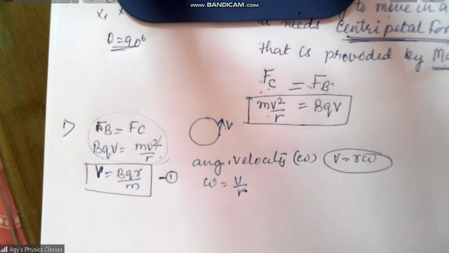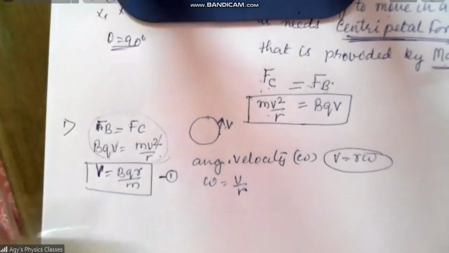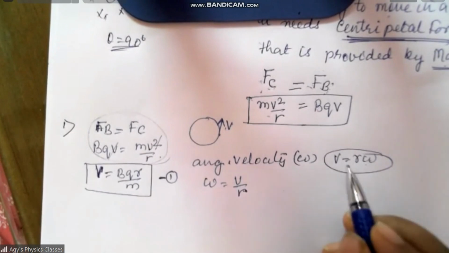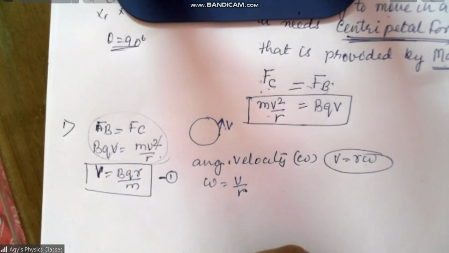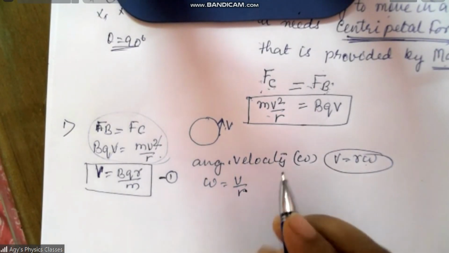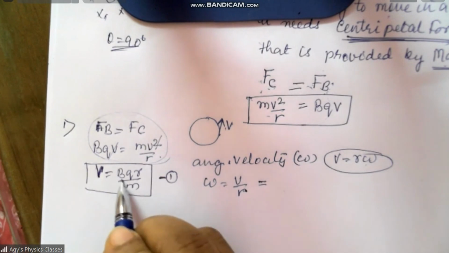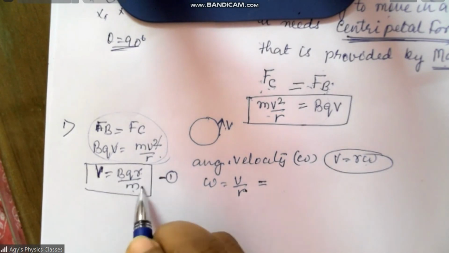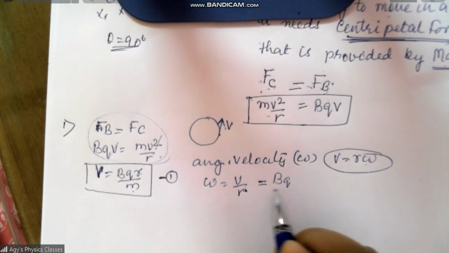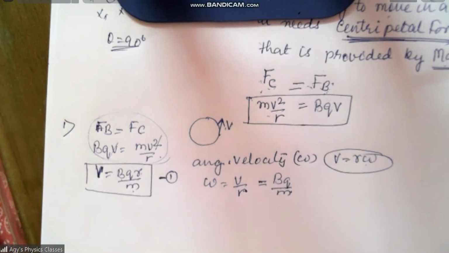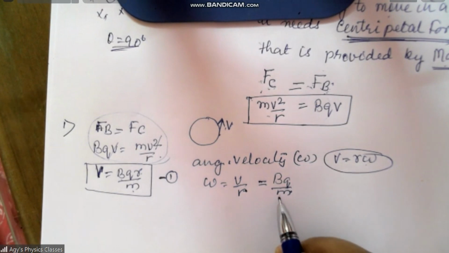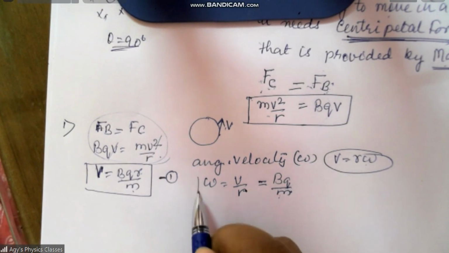In the first chapter we learned this. Therefore, omega is equal to V by R. If V is BQR by M, omega is BQR by M by R, which is BQ by M.